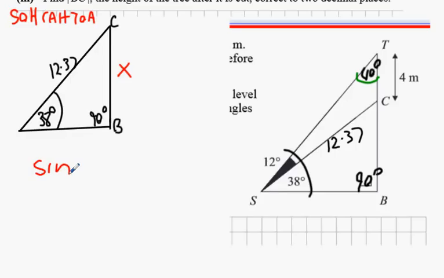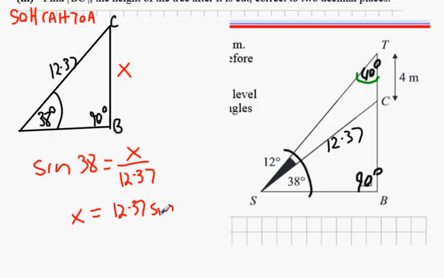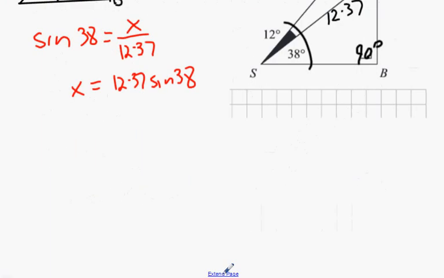Sine which angle? 38 degrees equals? What's the opposite side? Over. Okay, after that, 12.37 sine 38, and then finish it off then. We find out that X is in fact 7.62 meters.